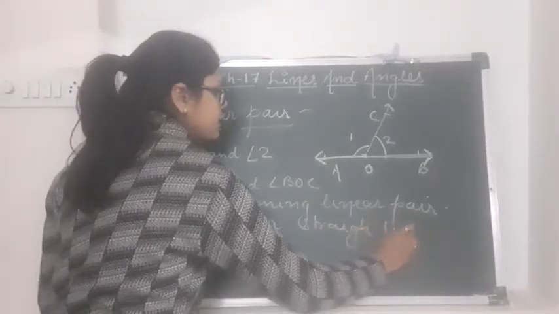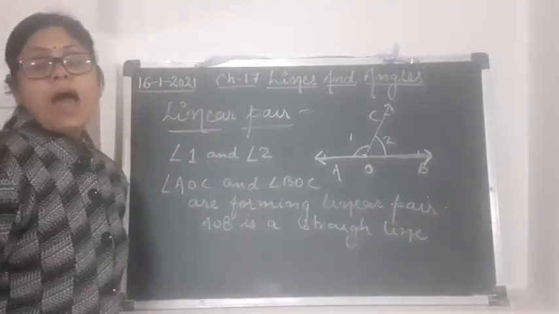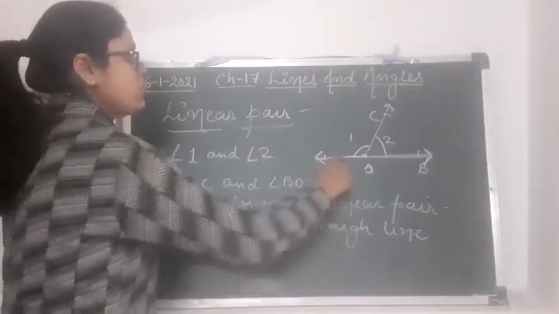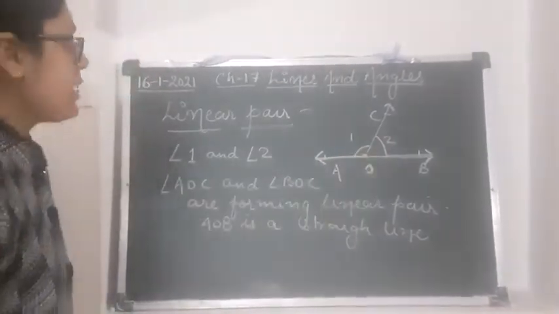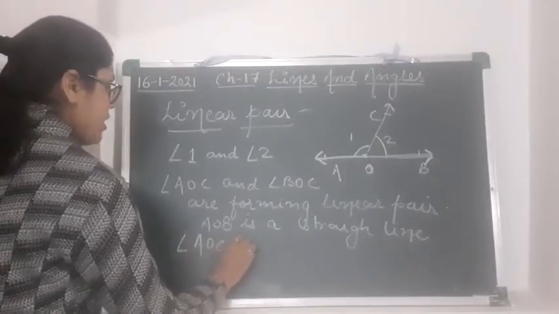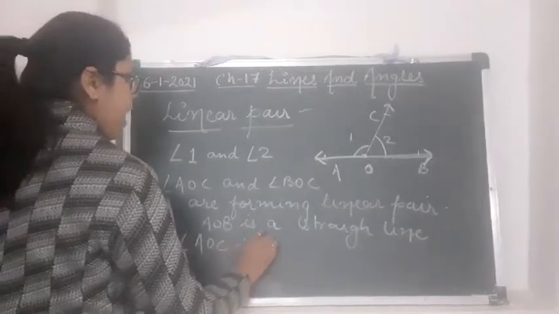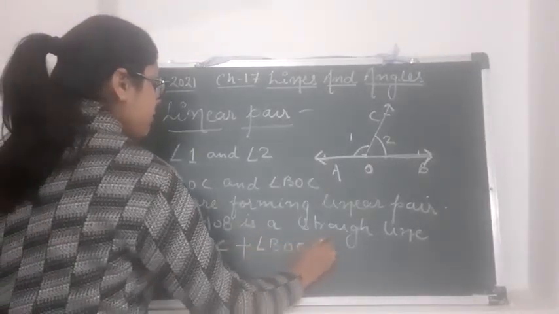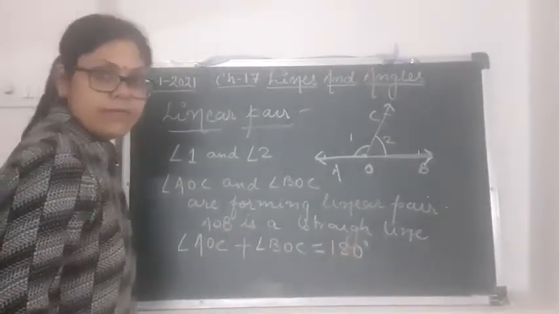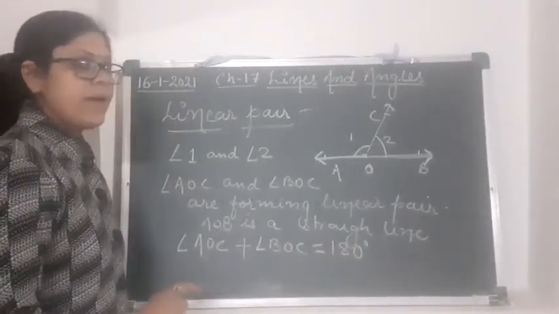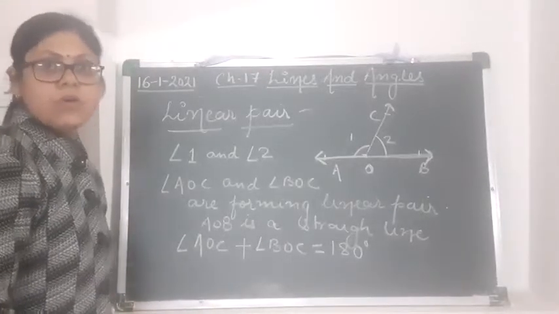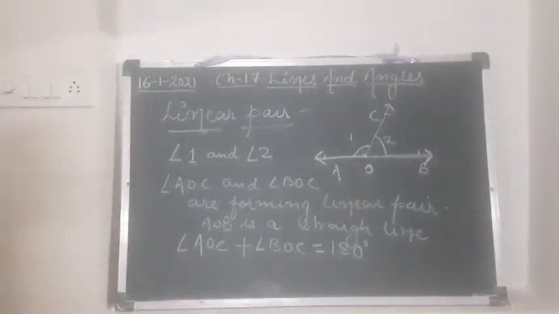As we started lines and angles, I told you the angle formed on a straight line is always equal to 180 degrees. So here two angles are forming: angle AOC plus angle BOC will be equal to 180 degrees. So whenever there is a linear pair, the sum of the angles will be equal to 180 degrees. Clear?